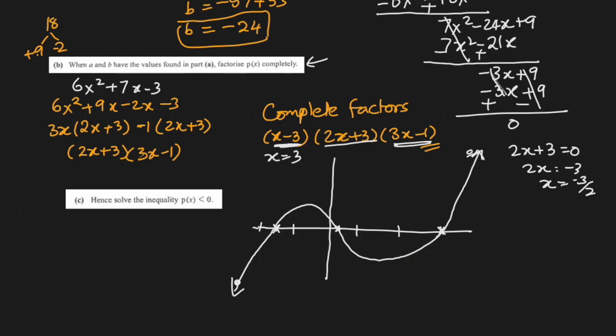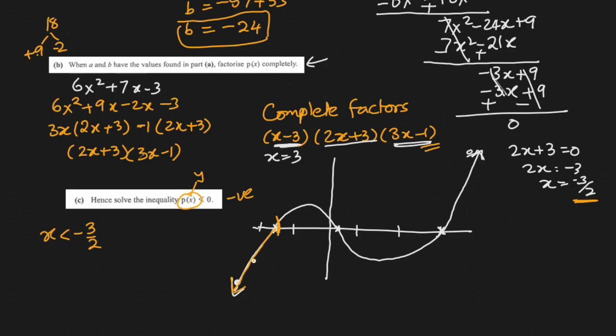Alright, but our question was P(x) is less than 0, meaning negative, and P(x) is the y value. Where is the y value negative? This is negative, where x is less than minus 3 over 2. So first answer is x is less than minus 3 over 2. No equal sign because there is no equal sign in the inequality.